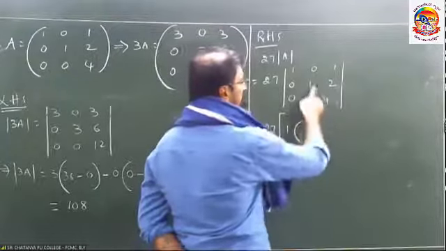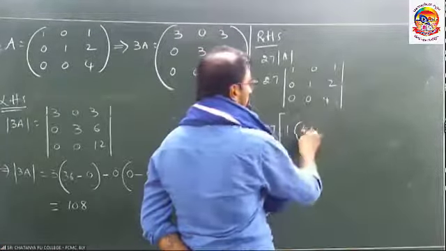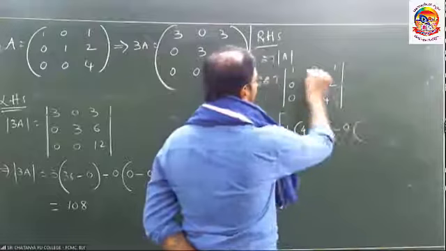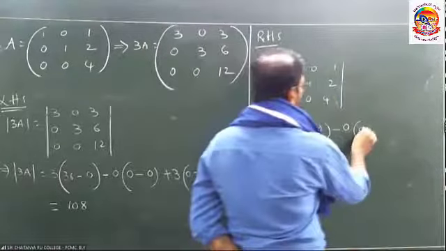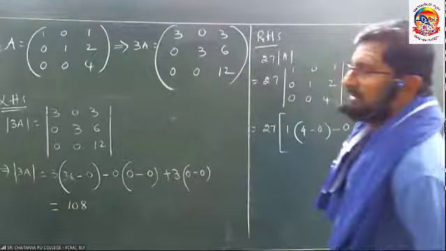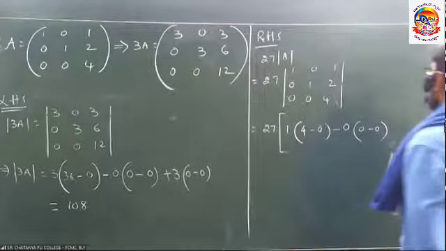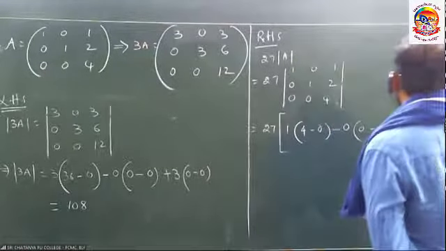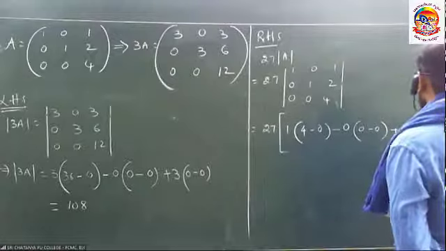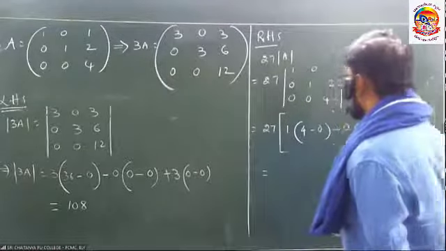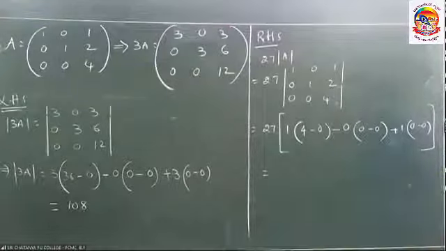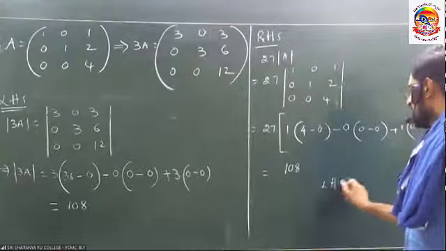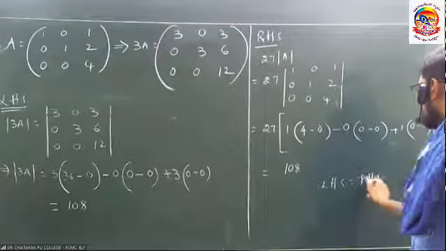Find the det of that one. 1 into 4, 4 minus 0. Minus 0 into, this row and this column gone, 0 minus 0. Right? Next, plus 1 into, exclude this column and this row, 0 minus 0. So you are going to get 27 into 4, which is equal to 108. LHS is equal to RHS. Answer. Take down.